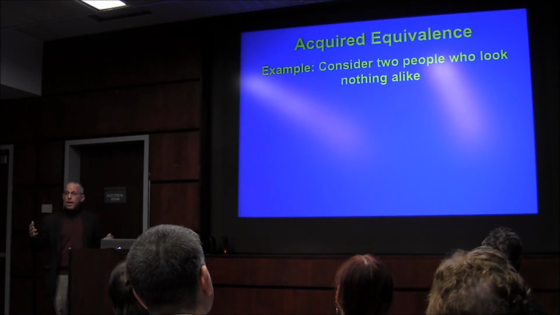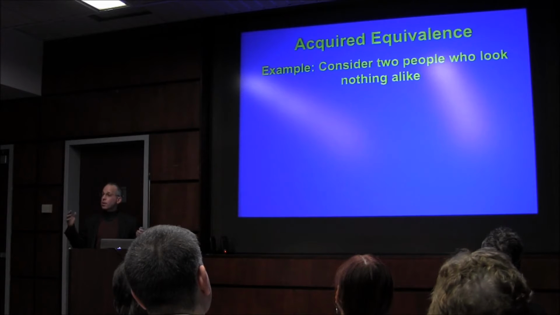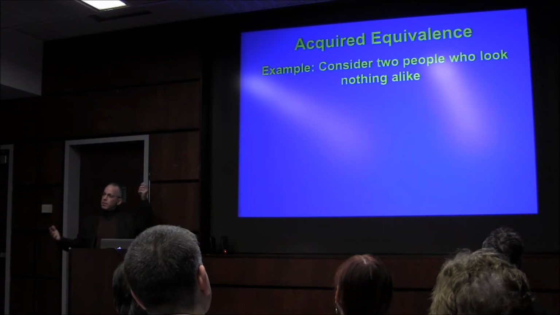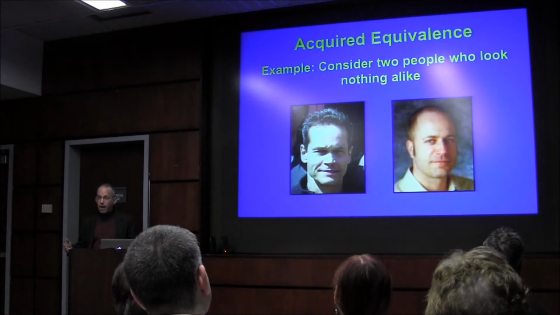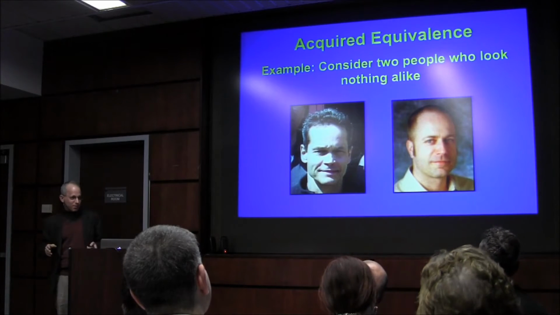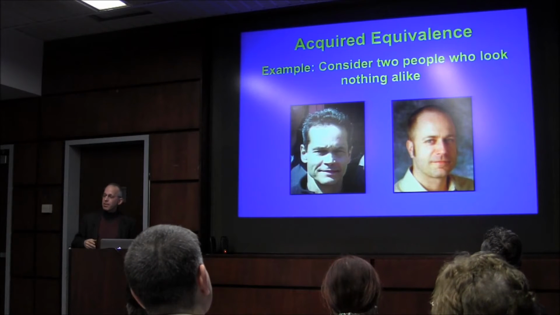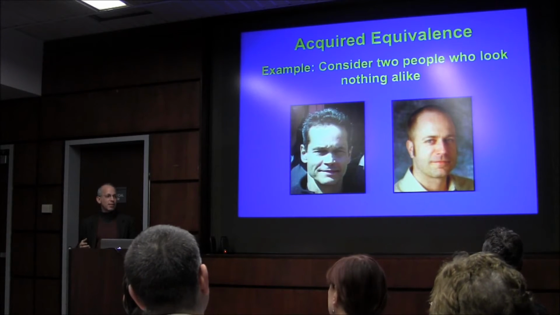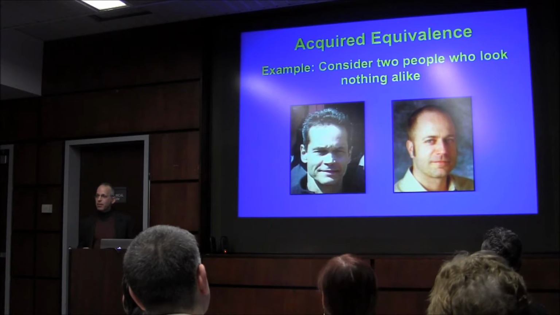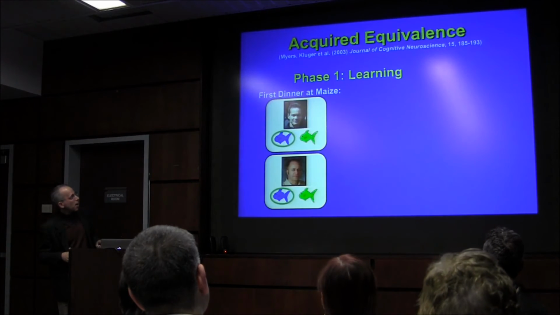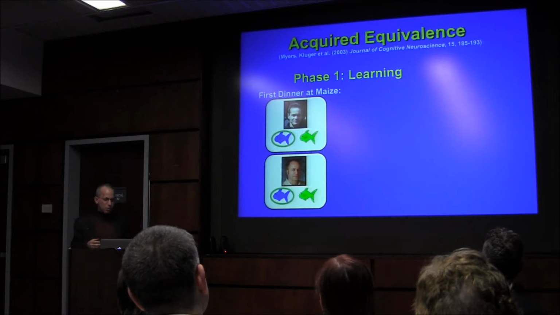Consider two people who look nothing alike. They're of different stature. They have different charming foreign accents, and they definitely go to a different barber. No reason to expect any similarity. And yet, over the last few months, as we've gone on this recruiting of new faculty, we keep going back to May's Restaurant and Robert Treat Hotel. The first time we went, they had a special. It was either blue fish or green fish.